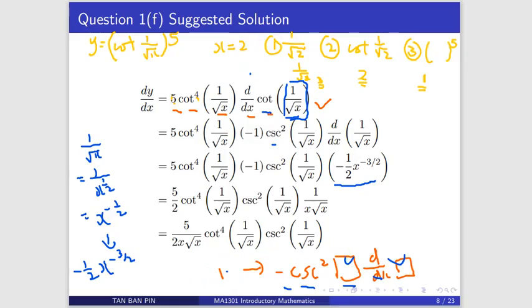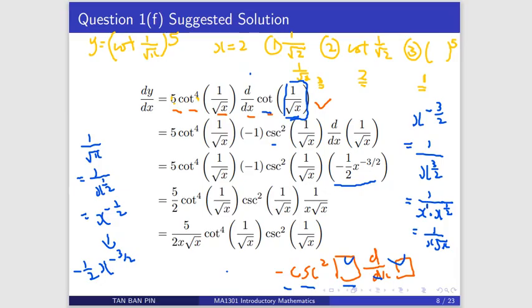So how to simplify? X power minus 3 over 2 is actually 1 over x power 3 over 2, which you can write as x power 1 times x power half.